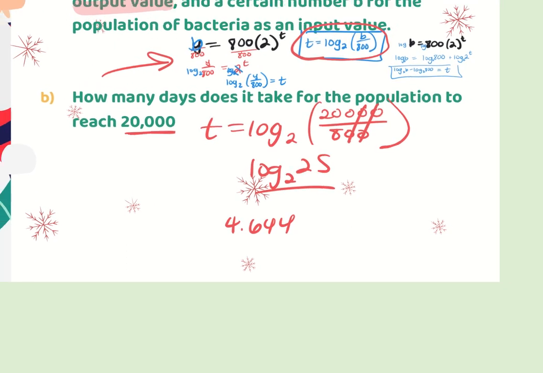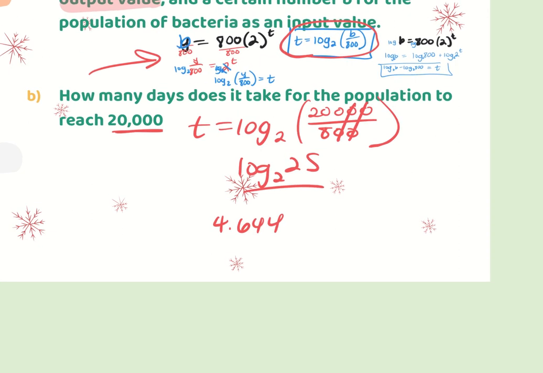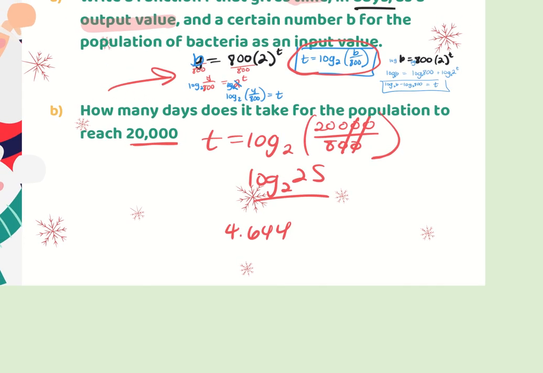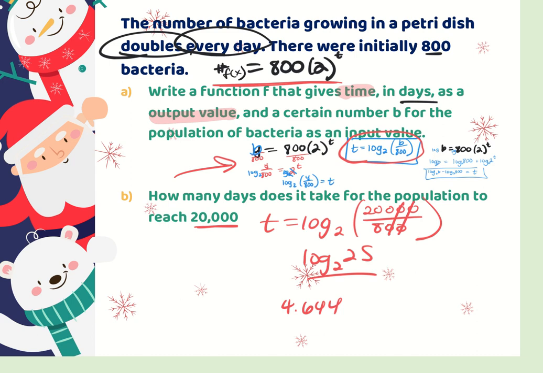Okay, and again, how many days does it take for it to reach the population? If it doesn't specifically state, a day could be a decimal. But if it says at what day does it hit that, now it would be 5. So you have to be really careful on the wording. Yeah. So with this wording, the answer would be 4.644.